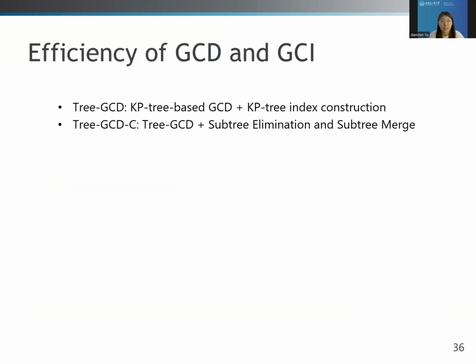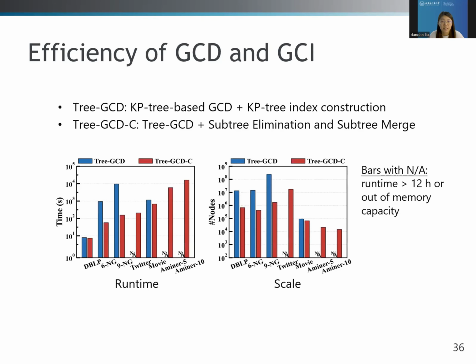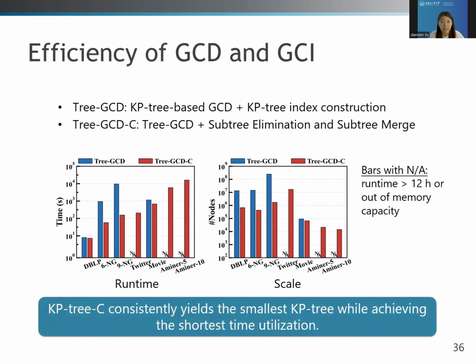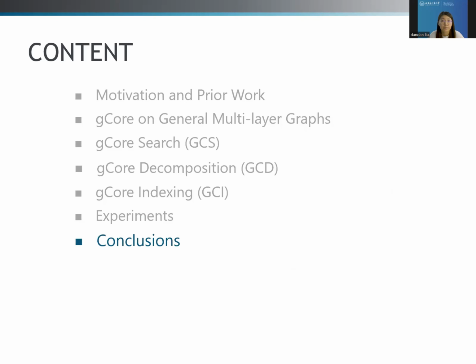Turning to the efficiency of handling the GCD and the GCI problems, we compare tree GCD, which runs the DFS-based G-core decomposition along with KP tree index construction, and tree GCD-C, which additionally employs P-tree compactions. These 2 figures present runtime and scale of the generated KP tree. Obviously, combining the compaction consistently yields the smallest KP tree, while achieving the shortest runtime.